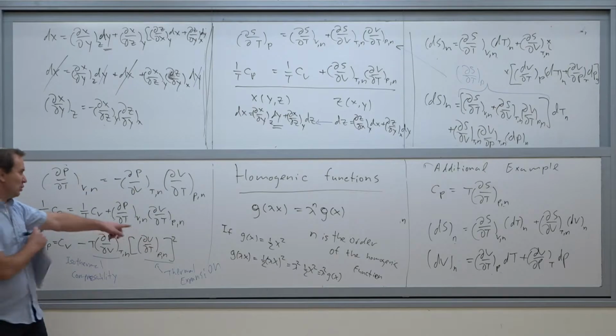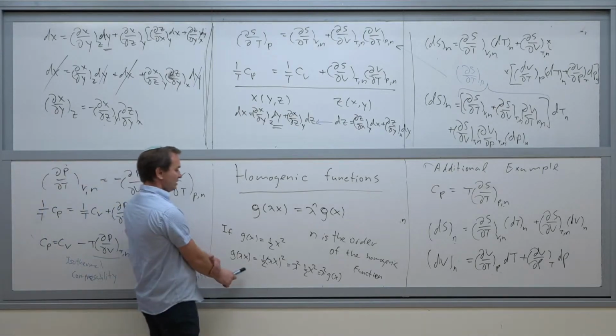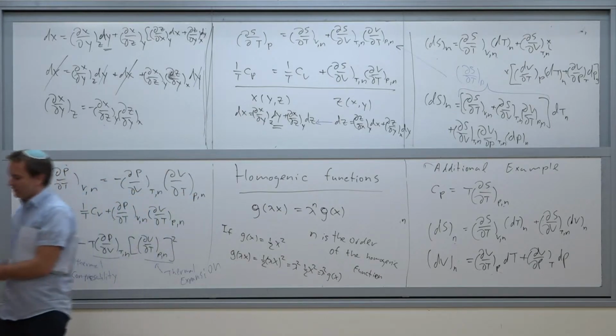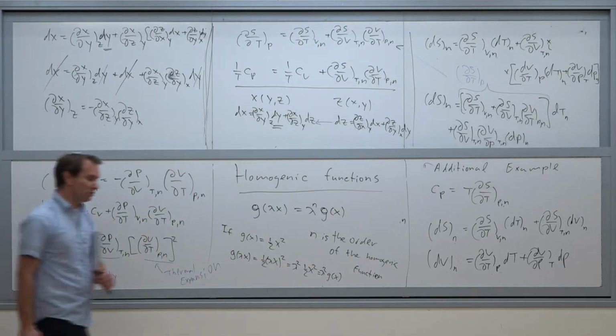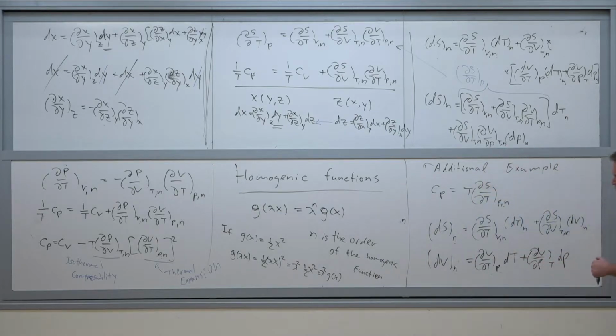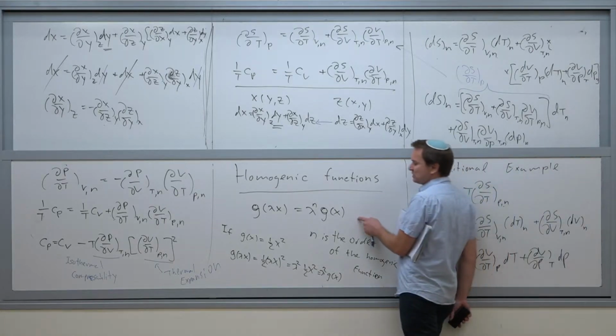So this very simple polynomial is a homogenic function of second order. Right? Very nice. Now, not all polynomials are homogenic functions, but there are some very specific functions that have this property.